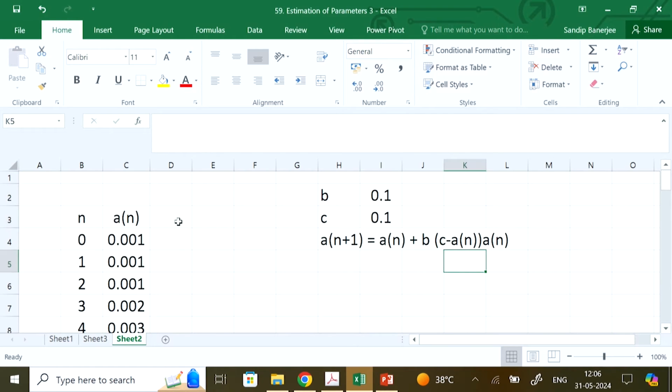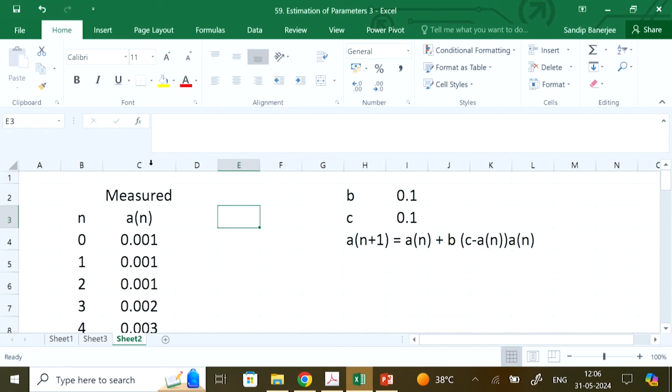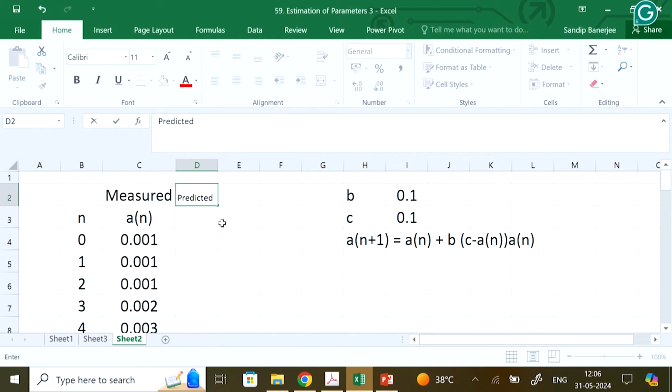So, the first thing is, this is the measured A n. You got the growth data from some experiment. And now the predicted A n.